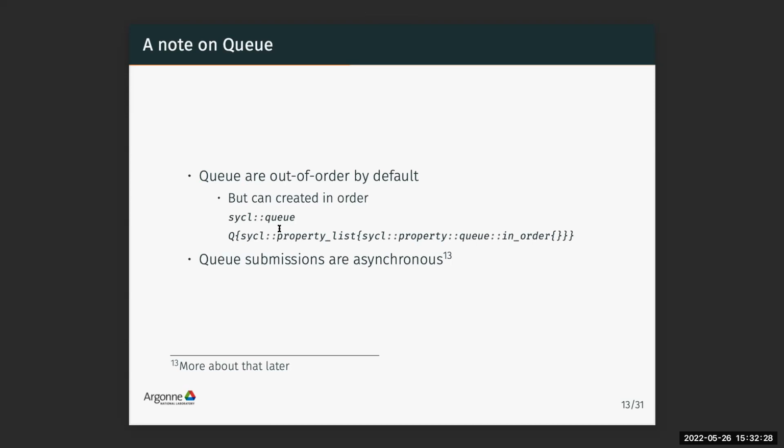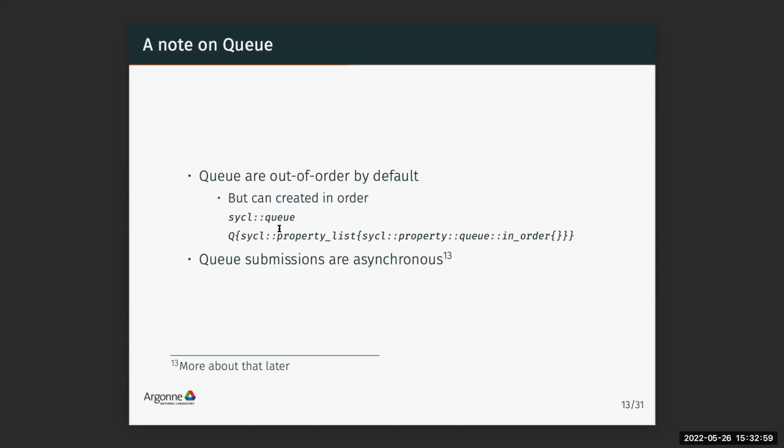Maybe a big difference between CUDA and here: queues are out of order by default. Okay, so they are not a FIFO queue. In CUDA, streams are in order, so if you put A and then B in the stream, you know that A will finish executing before B. Here, if you just issue two commands, A and B, into a queue, you don't know in which order they will be executed.